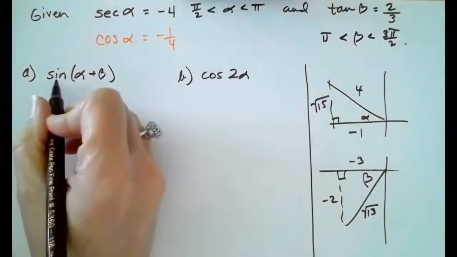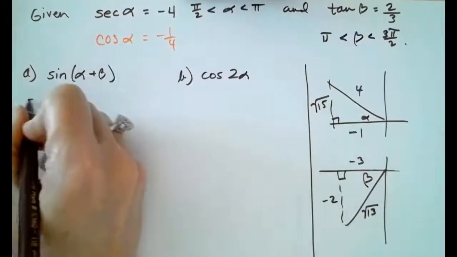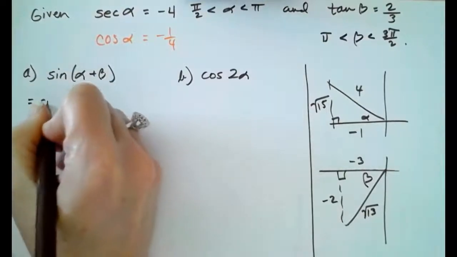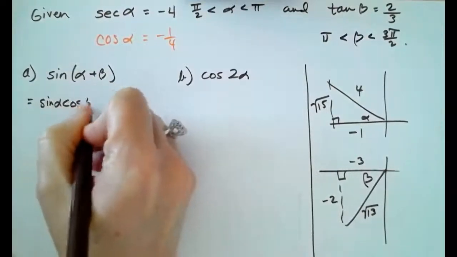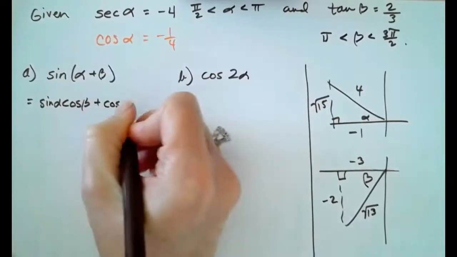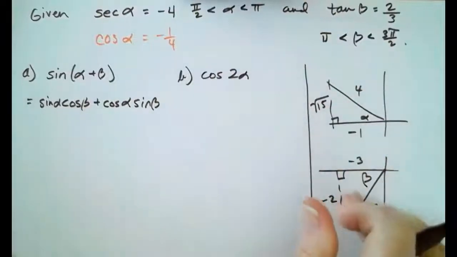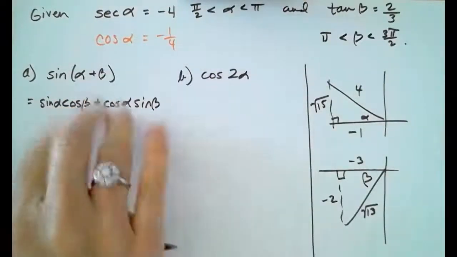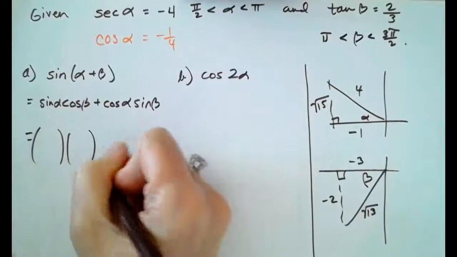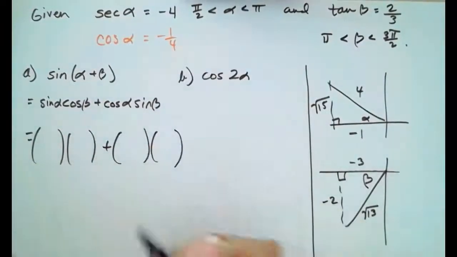First, let's go after the sine of alpha plus beta. I'm going to write that formula for you. Sine alpha, cosine beta, plus cosine alpha and sine beta. So if you draw the diagrams correctly and you know this formula, then all you have to do is make the substitutions.